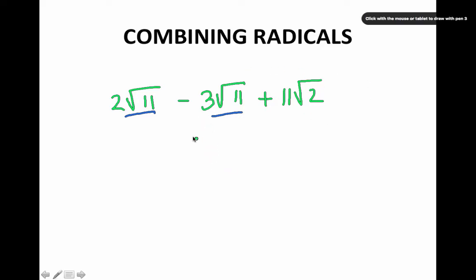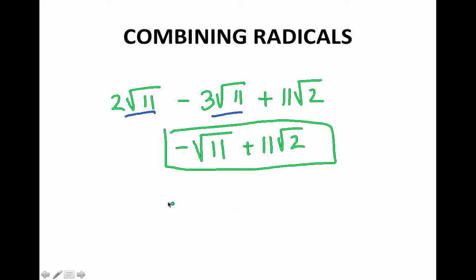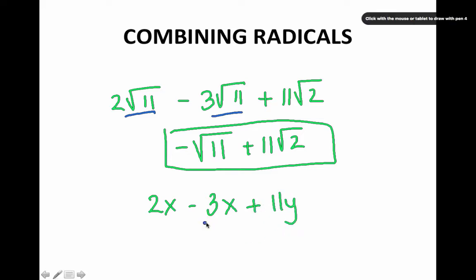So to simplify this, we've got 2 minus 3, which is negative 1, and I can just write it as negative root 11. And then 11 root 2 is just going to hang out by itself because it can't combine with anything. And this is really similar to just x and y. If I had 2x minus 3x plus 11y, you could only combine the x's and not the y.